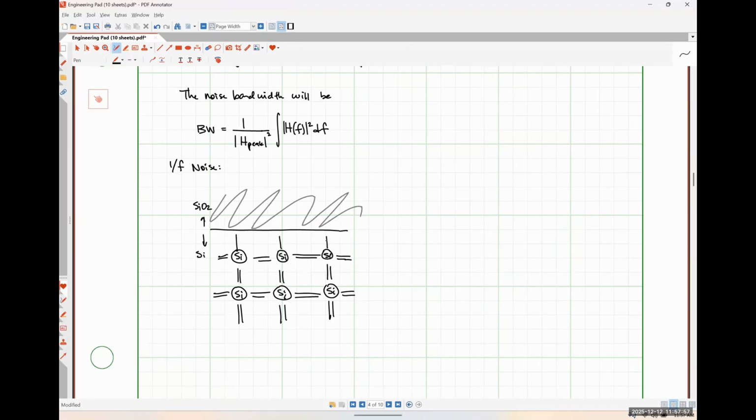Those broken covalent bonds at that material interface tend to trap free electrons when they can find them and hold on to them. That's what's causing the 1 over F or flicker noise: it grabs those electrons and then randomly releases them whenever they get enough thermal energy to escape that trap.